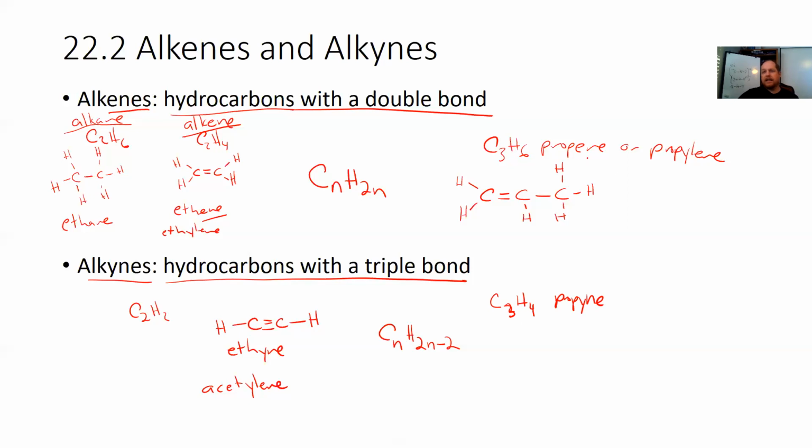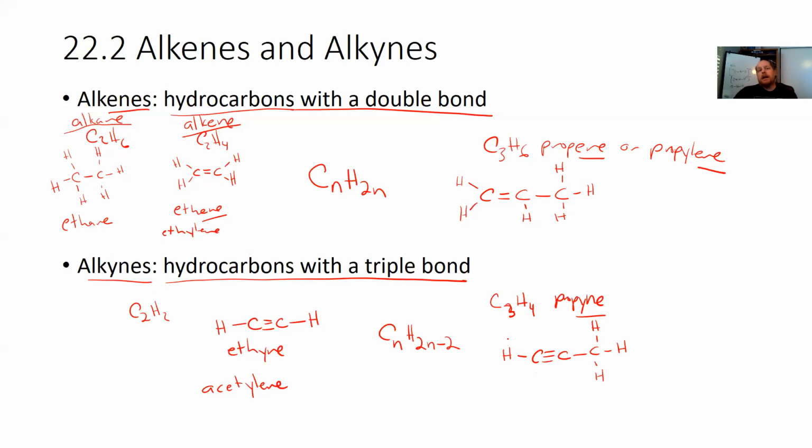So propyne would be C, H, C, C. So there's your overall example of propyne. You've got a triple bond between the carbons, and that gives you the yne ending.